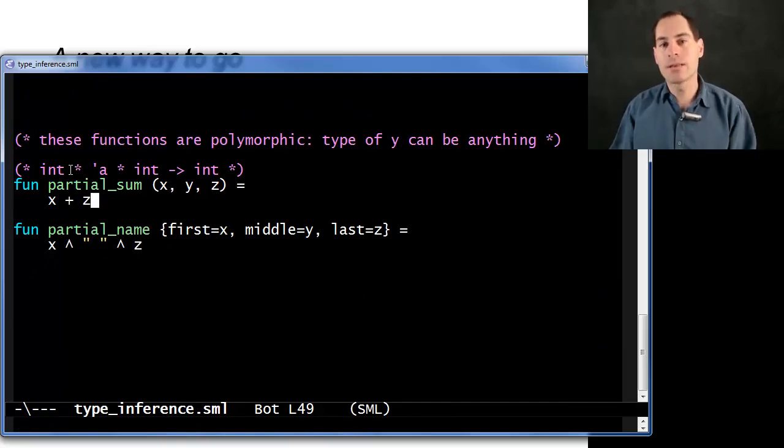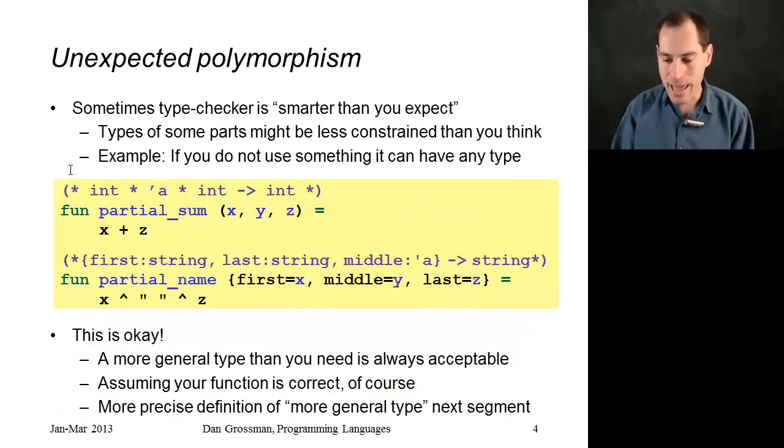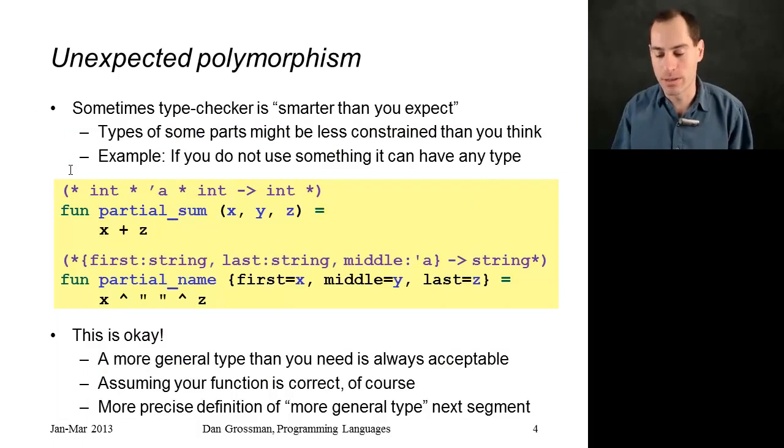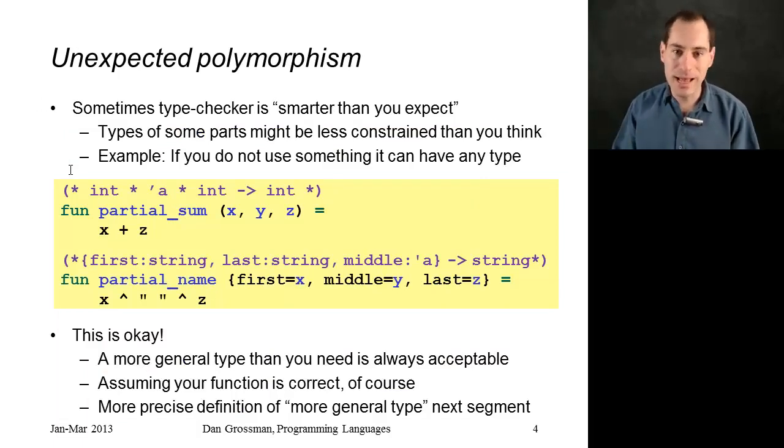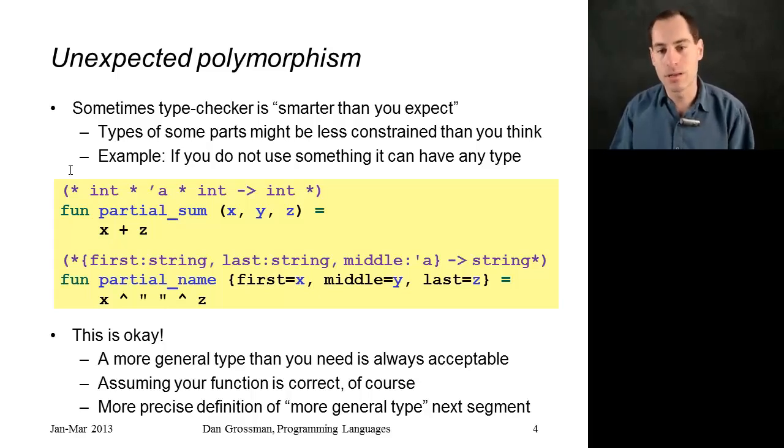So whenever this happens, and it often happens when you're not using part of your argument, you'll end up with a more general type than you might expect. And that is okay. All right? I sometimes call this unexpected polymorphism. All right? If your function is correct, and you still need to test it, and you still need to make sure that it does work for the types that it is required to work for, then if it also works for values of other types, well, that's just a useful thing.